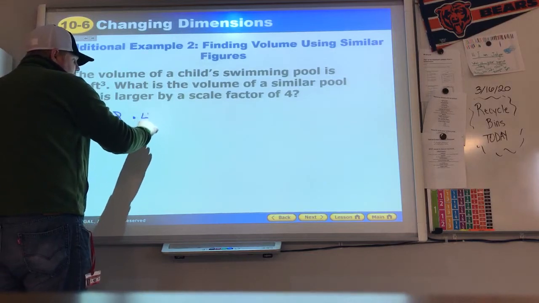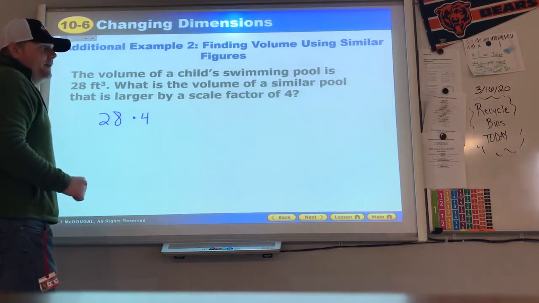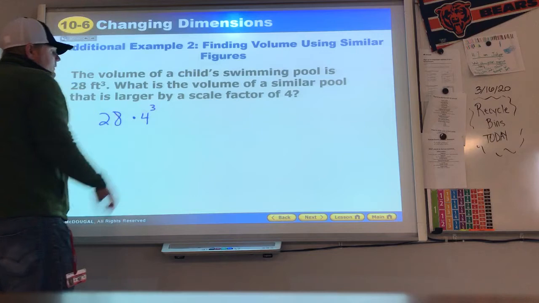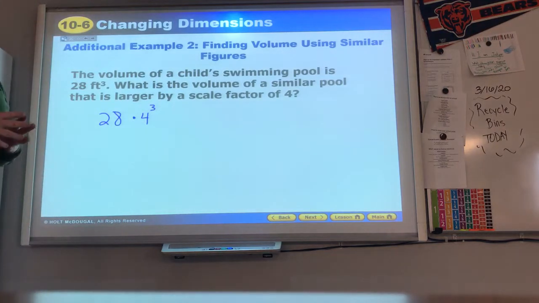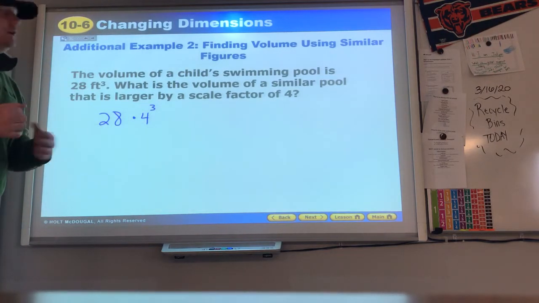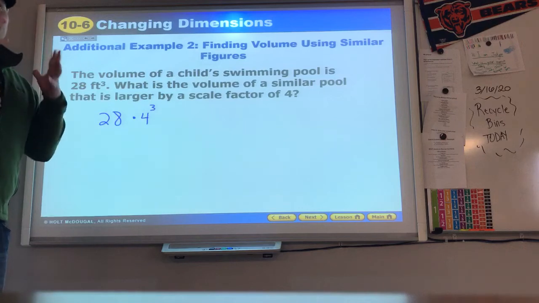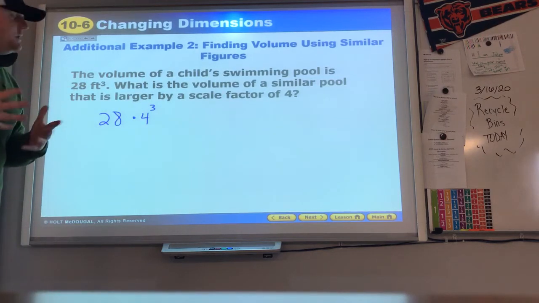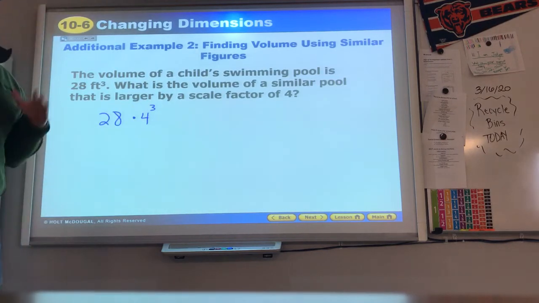Times the scale factor. For volume now, we cube it. For surface area, since it's feet squared, you square the scale factor. For volume, since it's like feet cubed, you cube the scale factor. That's an important thing. You remember that?